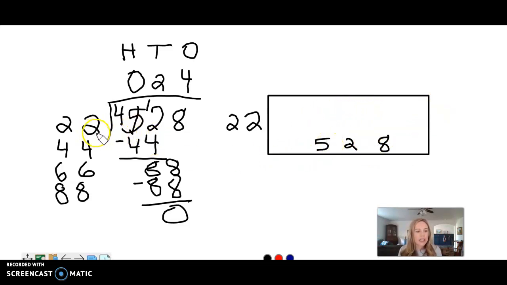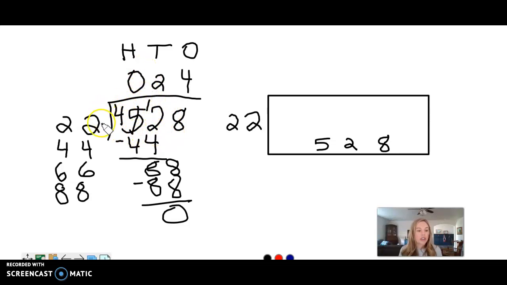When we were using the standard algorithm, first we divided up the largest place value, 520. And I knew that 22 went into 520, right? Because this is in the hundreds place and this is in the tens place. So this is really 520.